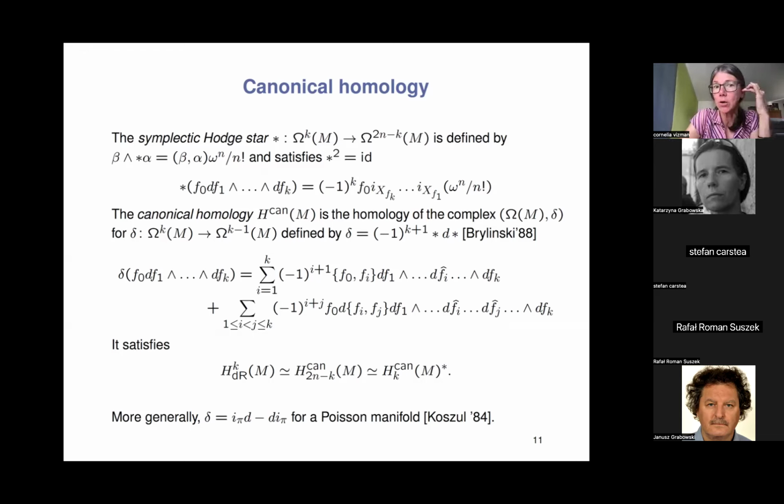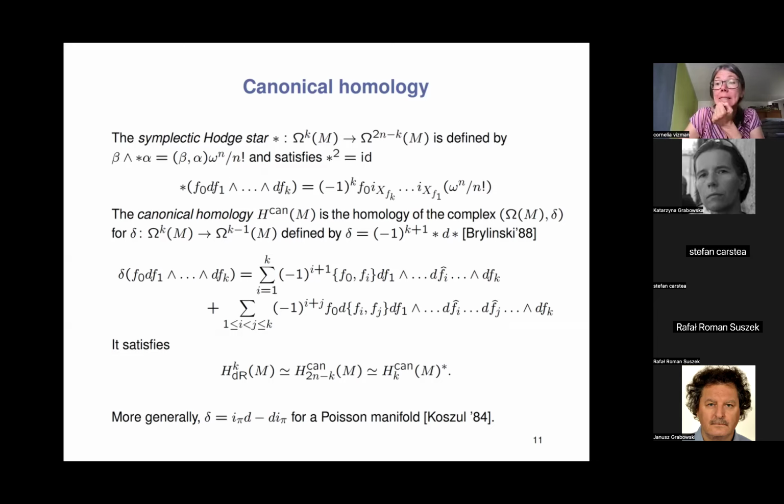So we have the symplectic Hodge star, defined similarly to the Riemannian star, but here the pairing between beta and alpha is done with omega. Here I gave the formula on these special types of k-forms. The canonical homology, the homology for the complex with delta, is star d star.